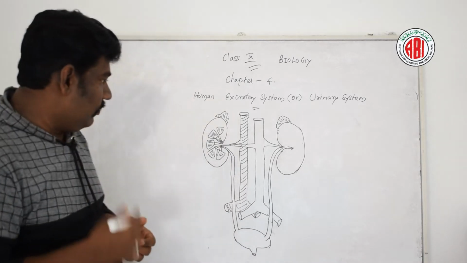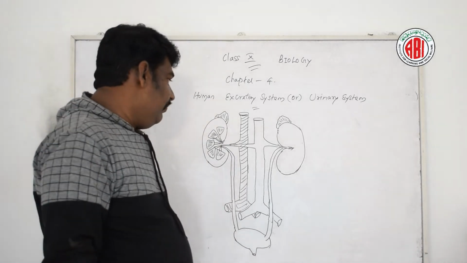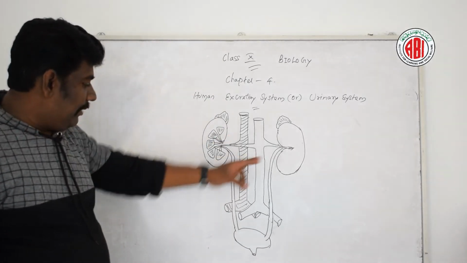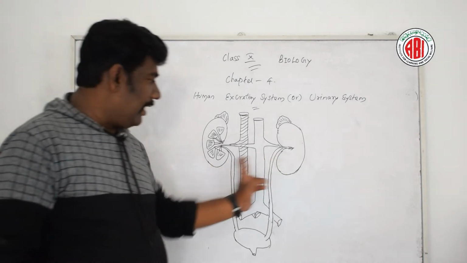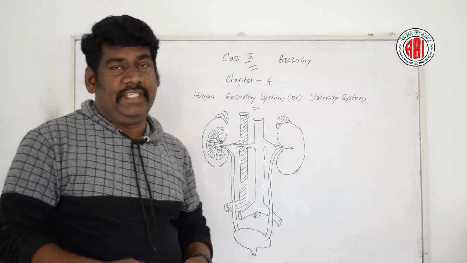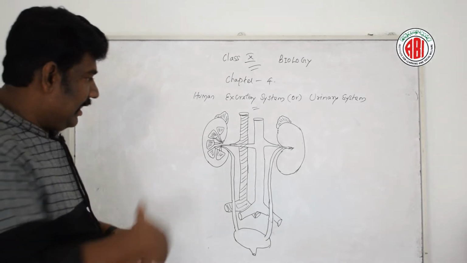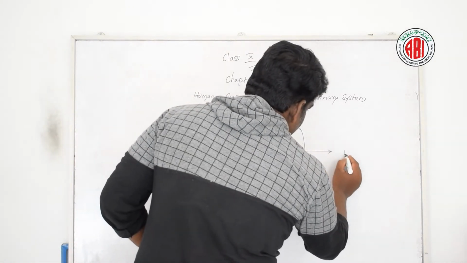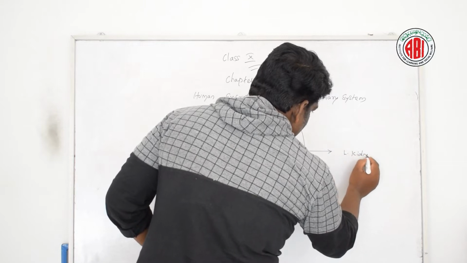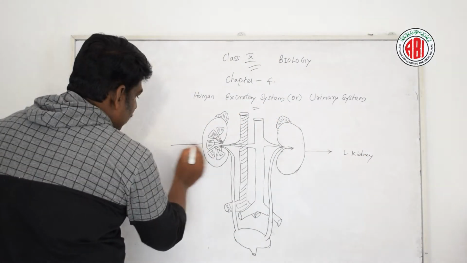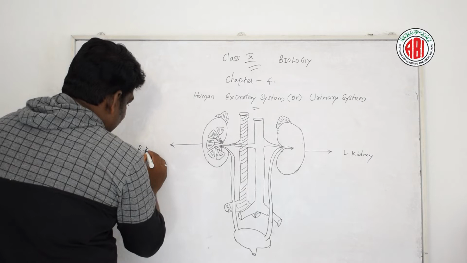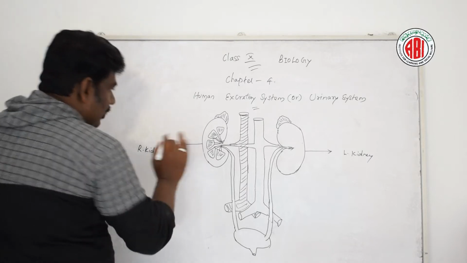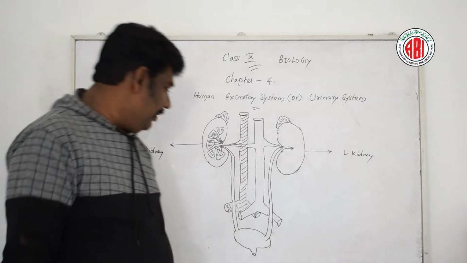In the picture we can see a pair of kidneys. It is very easy to write: left kidney and right kidney. So two labelings done.